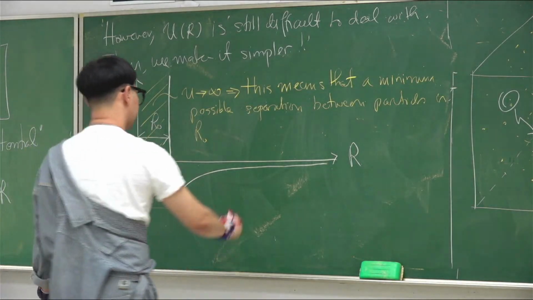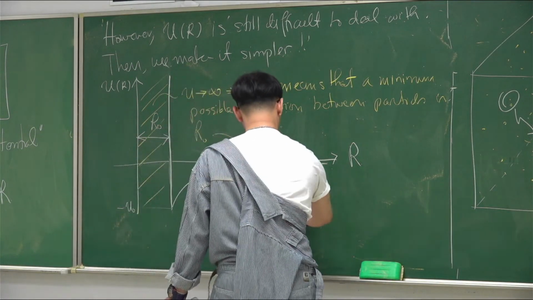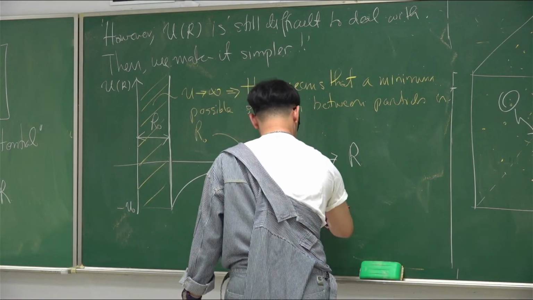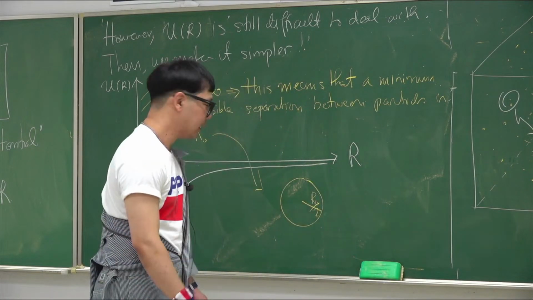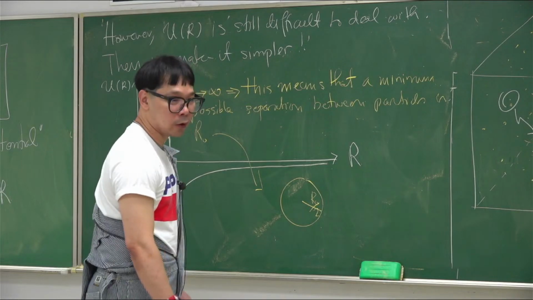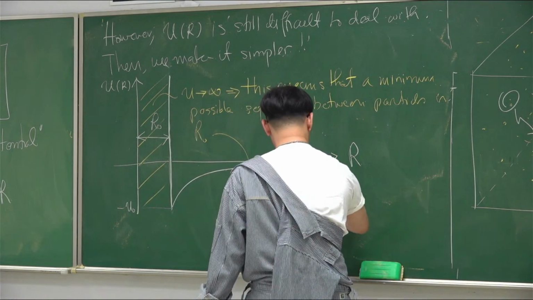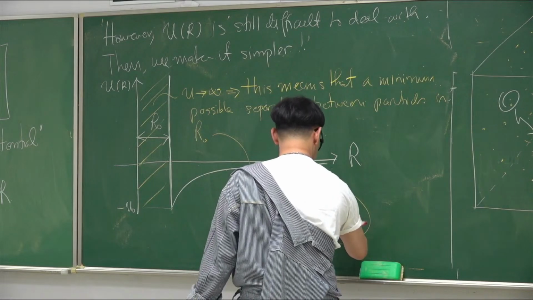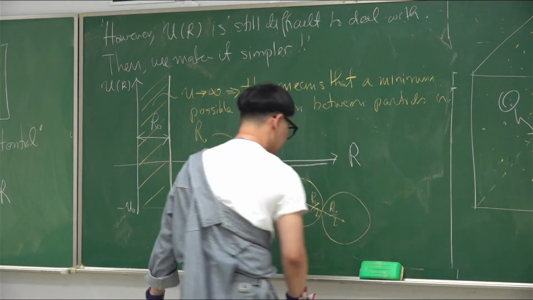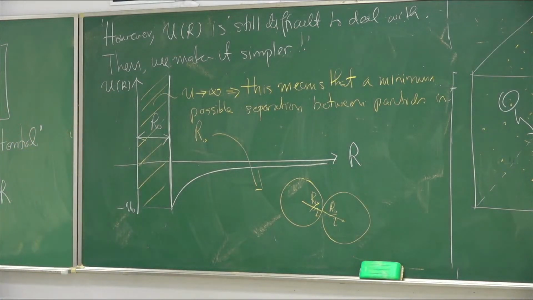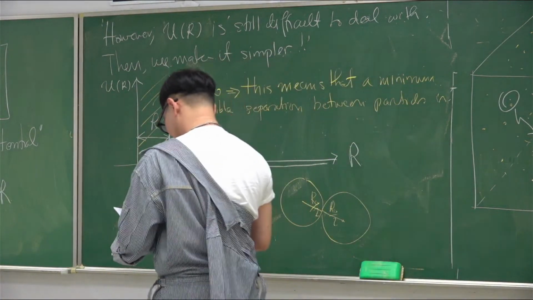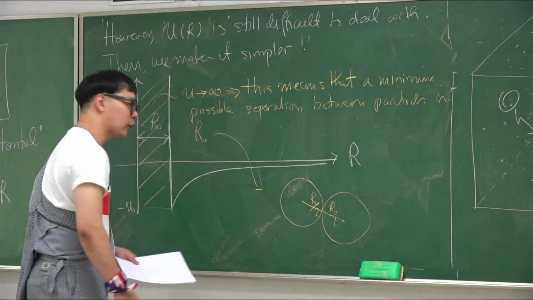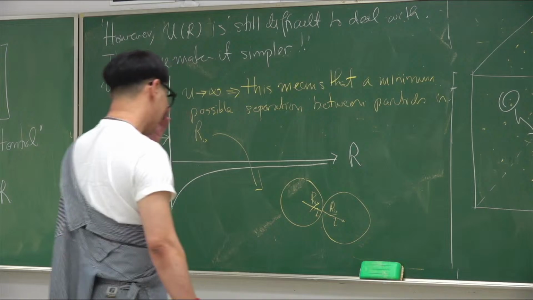If you think that the radius of the particle that you consider is R0 half, and another one is R0 half, then this is the closest that two particles could sit together. It cannot get closer than this. That is the thing.